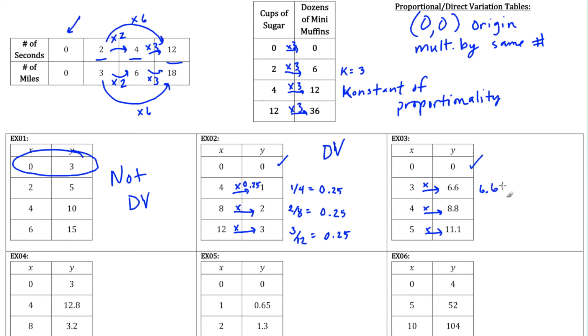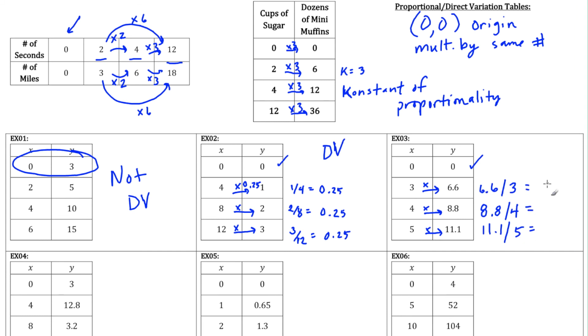Alright, there we go. 6.6 divided by 3, 8.8 divided by 4, and 11.1 divided by 5.